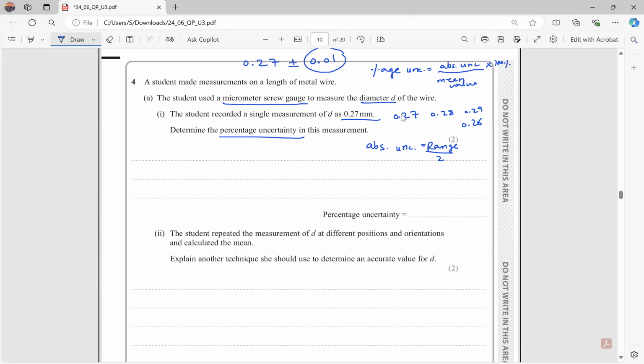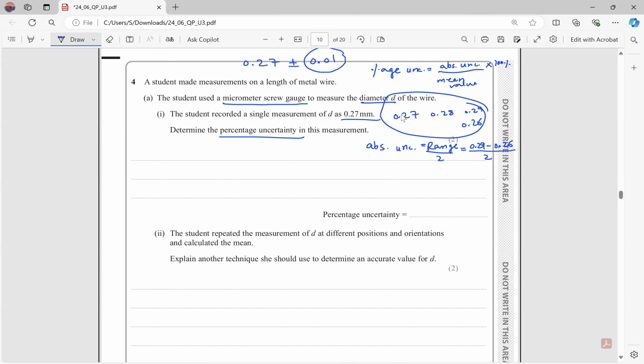Range is highest value minus lowest value, so that would be 0.29 minus 0.26, divided by 2. And the mean value would just be the mean of these four values. This is the second one. And the third case is what we're dealing with right now, where they just told us a single measurement, which is basically the mean value, and they've asked us to calculate the percentage uncertainty.